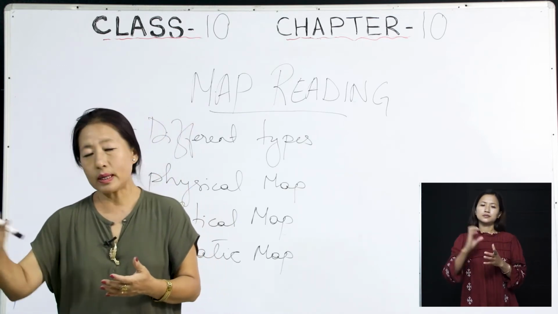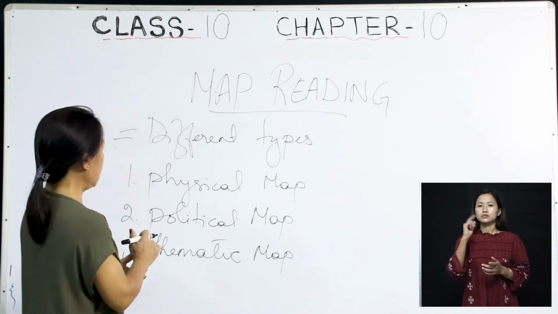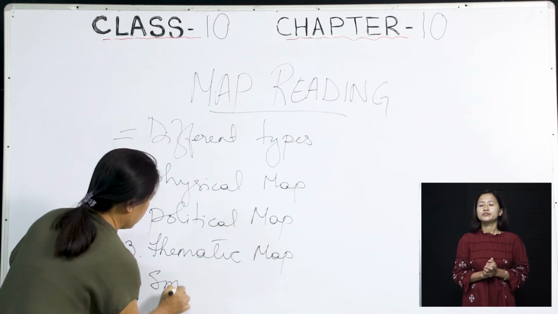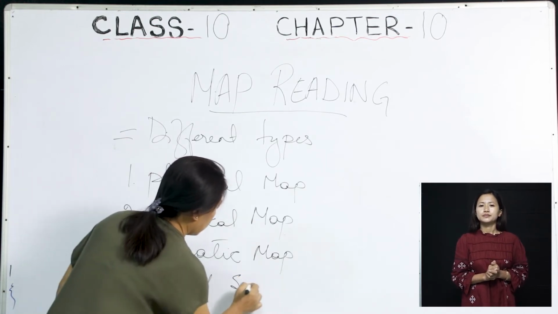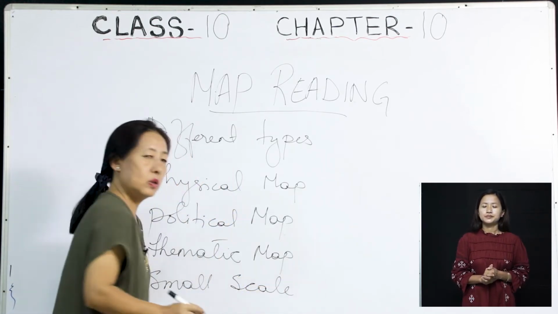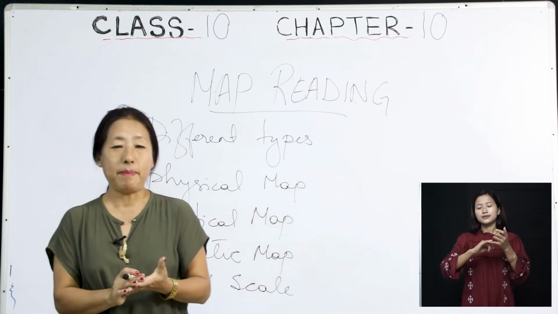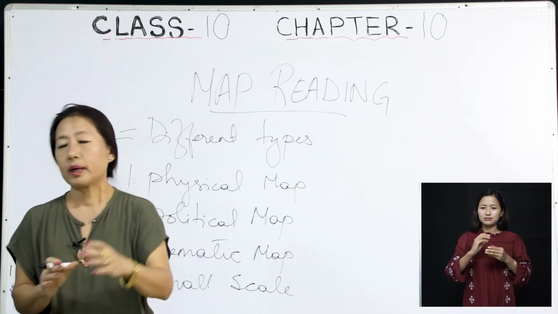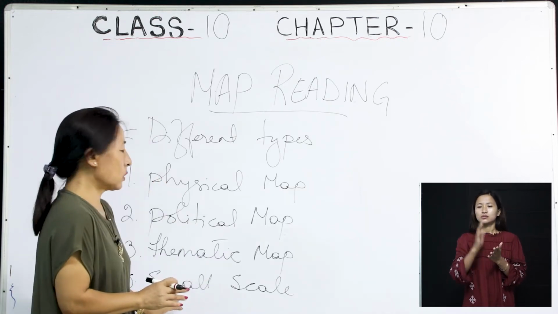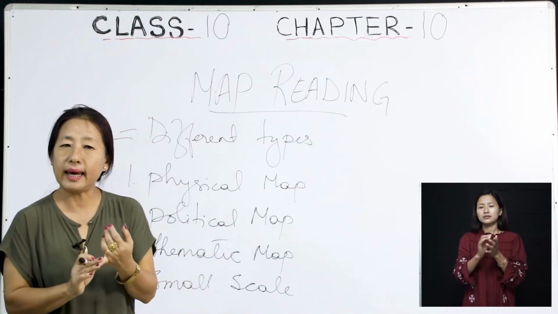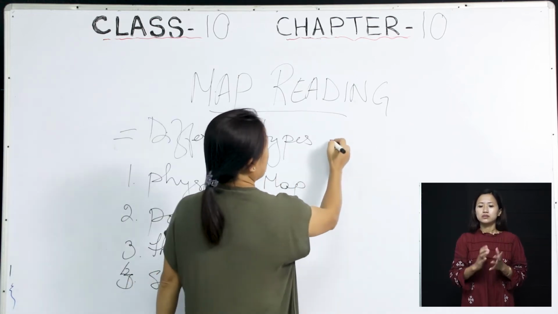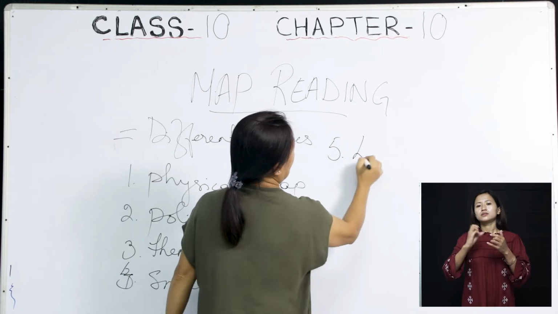Then the next one, number 4, small scale map. Now, one thing I want you to be clear about here is, there are two parts. One is called small scale map, and the other one is called the large, number 5, let's say large scale.